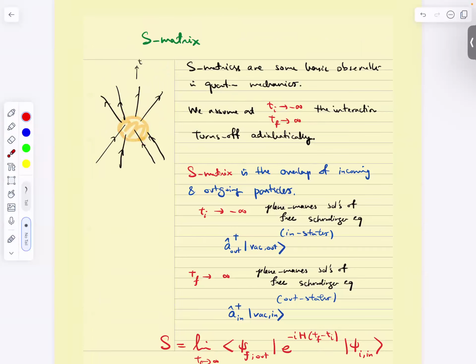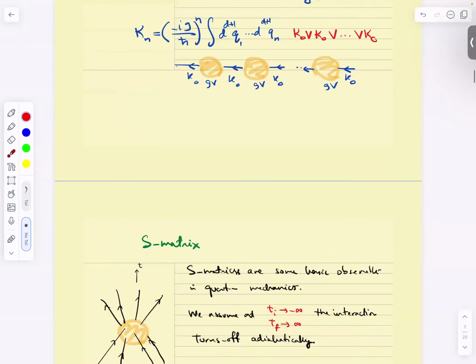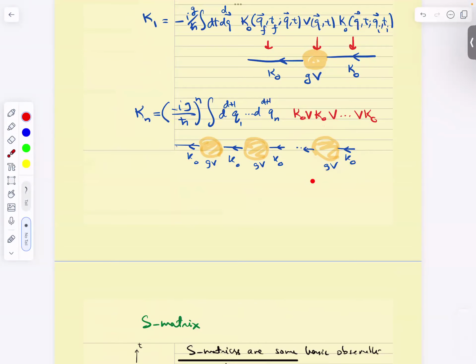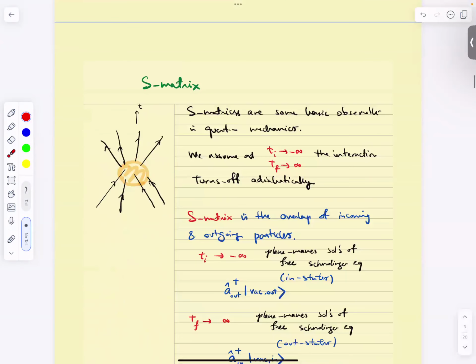A bunch of particles come in, they interact, a bunch of particles go out, right? In space-time, this is a cartoon, the same way that this is a cartoon. The interaction doesn't happen at a particular time or a particular place in space-time. To calculate the interaction, the S matrix, you have to integrate over this cartoon thing over any point in space-time.